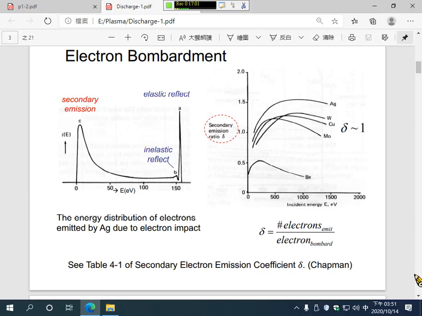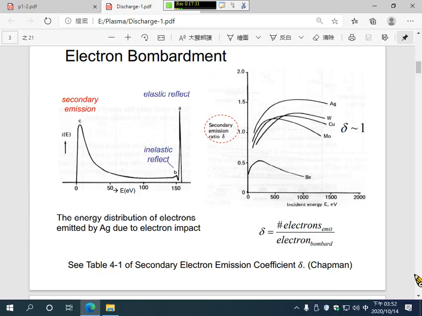For the secondary electrons, you can form the SEI image, secondary electron image, and from the backscattering electron, you can get a BEI image. So these two are the basic images from the scanning electron microscope.